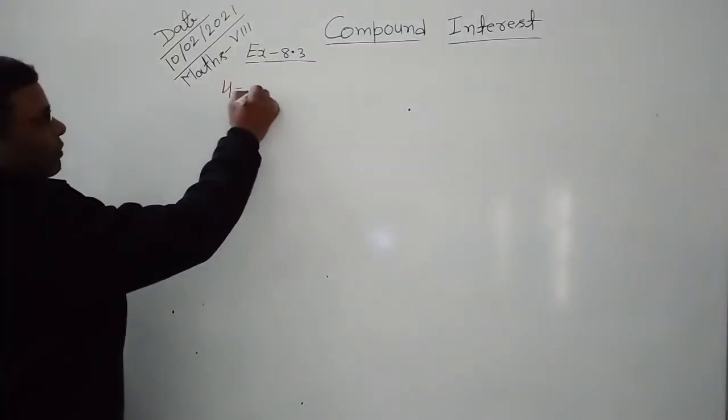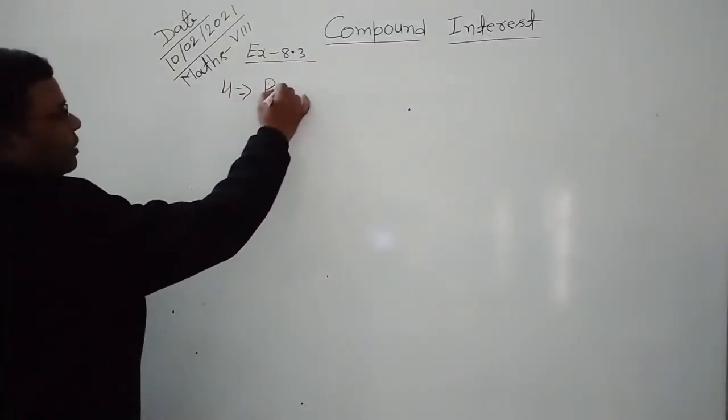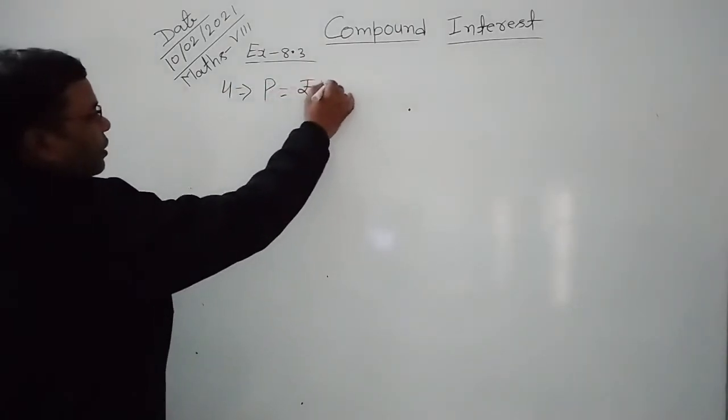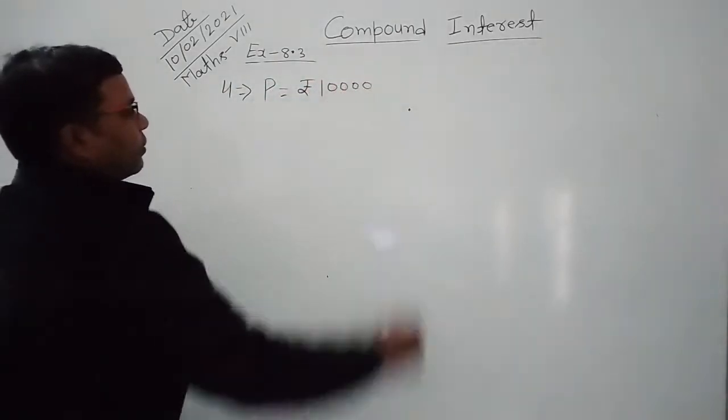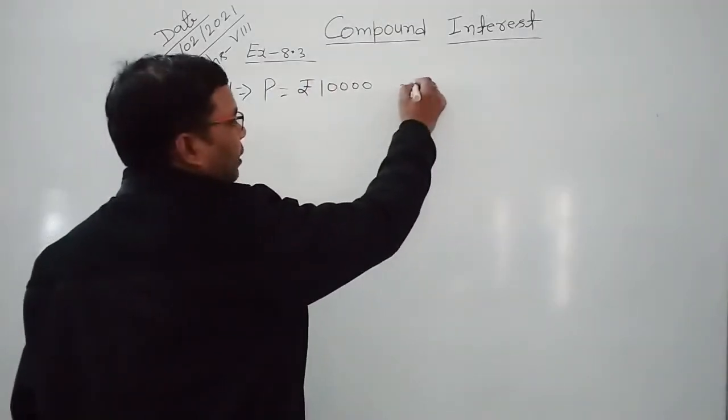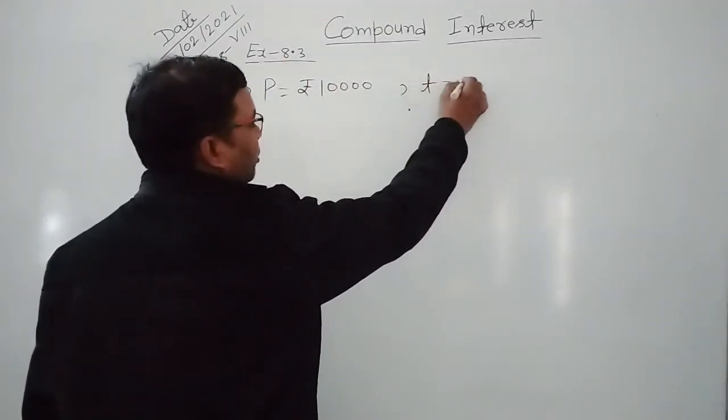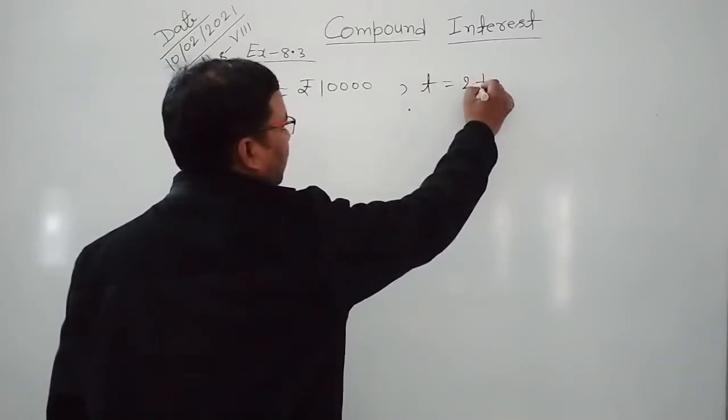Question number 4. Principal is given here, rupees 10,000. Time T is given here, 2.5 years.